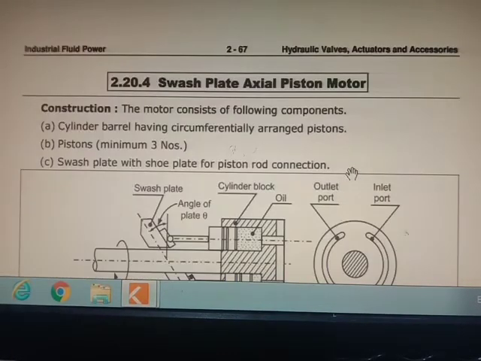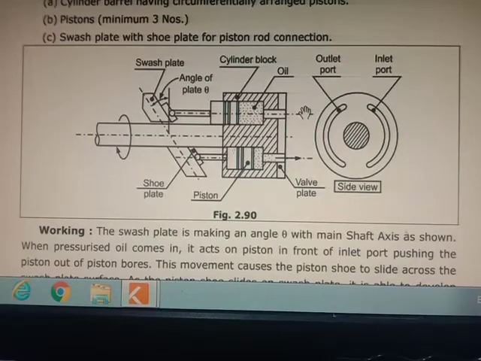Now this is the diagram. These are the cylinder bores, pistons are inserted in the bores, and the pistons are mounted against the swash plate. This is the swash plate, and this is the output shaft. This shaft will give you the rotary motion.